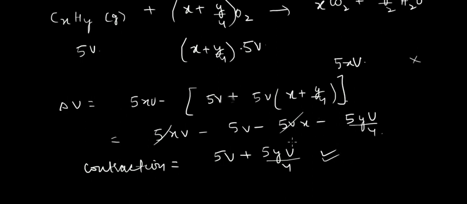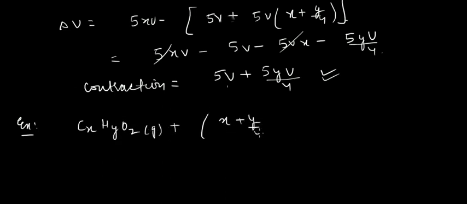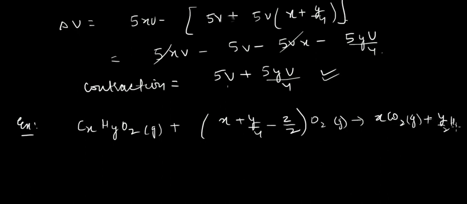burning up of a hydrocarbon. Similarly, I'll leave a question for your homework in which you have to identify the contraction for this case. X moles of CO2(g) plus y by 2 moles of H2O, which can be neglected safely.